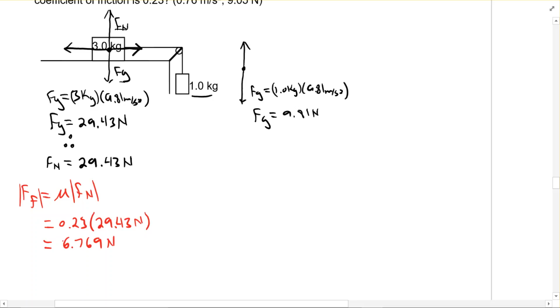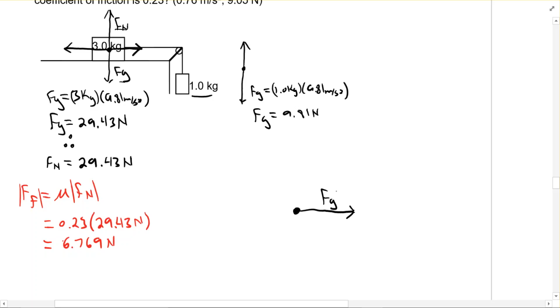We can make our free body diagram for the system. So if we do that, we've got the beginning of this, or the dot here. I'm going to make this one horizontal probably. You could have made it up and down too, but I'm going to make it horizontal. So we've got the force of gravity of the 1 kilogram one pulling this way.